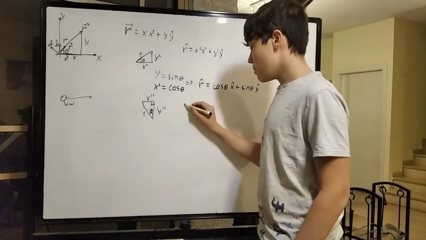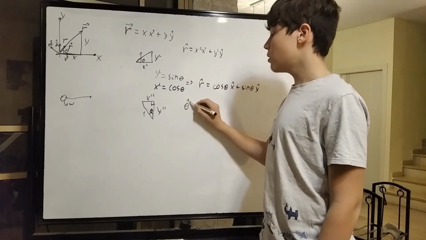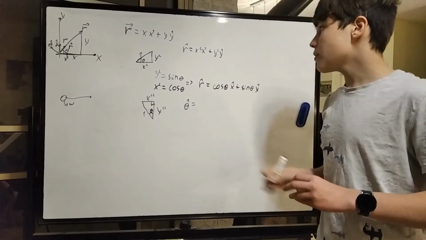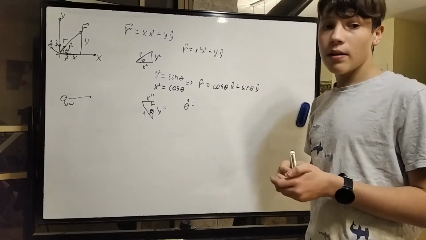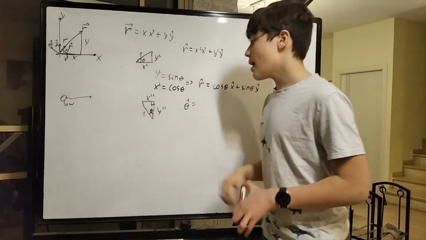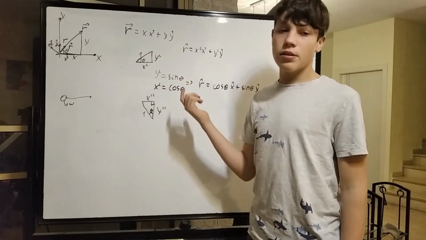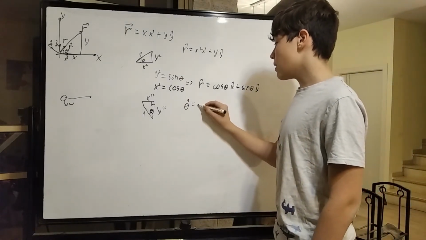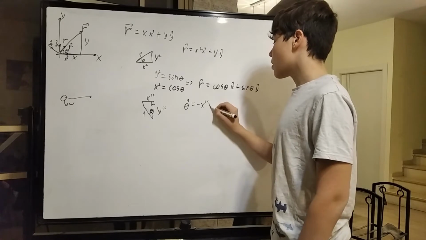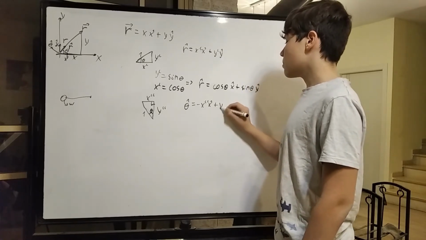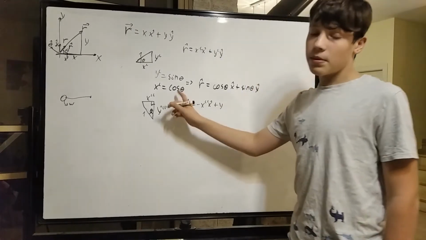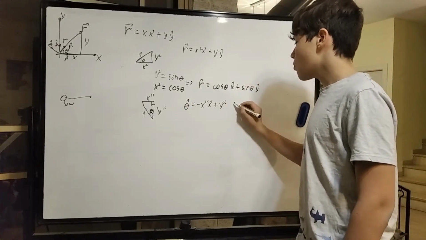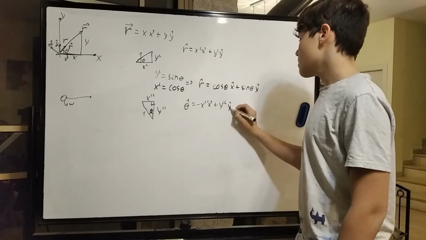And now this time, because our x turned into the negative direction, we have that theta hat is negative x double prime x hat, but this is the positive direction, so this is regular y double prime y hat.